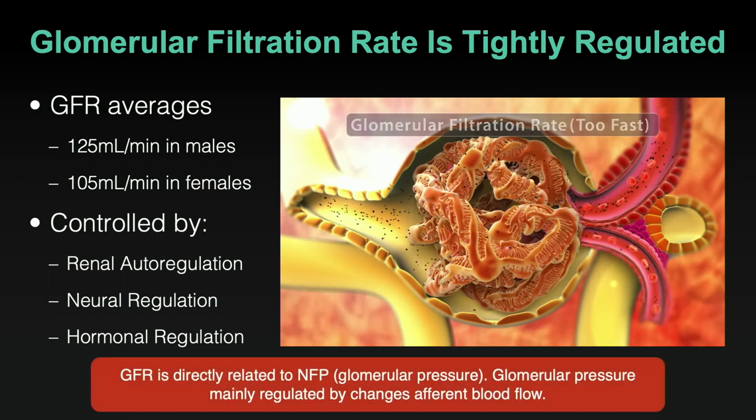And we do that by affecting afferent arteriolar flow, or afferent arteriolar pressure. We regulate on the afferent side. So we've seen the three things that will result in filtration. And pressure in the glomerulus is by far the most important. So we directly regulate pressure in the glomerulus by modifying afferent blood flow.